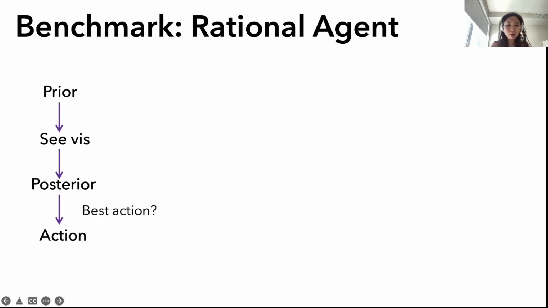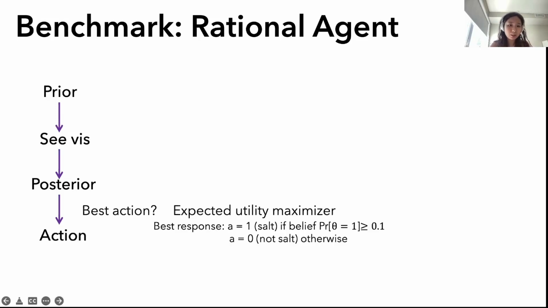The best action is defined as the expected payoff maximizer under the Bayesian framework, which is the standard way to talk about rational behavior in decision theory. They start from a prior belief, see the visualization, update to a posterior belief using Bayes rule, and take the best action given their posterior belief. The best action is the expected utility maximizer.